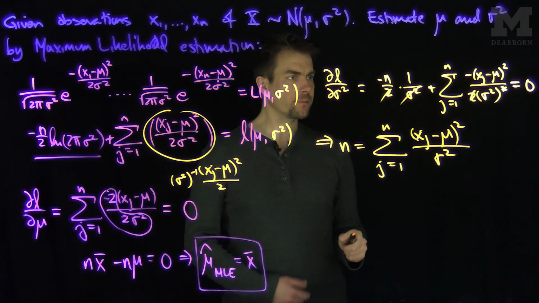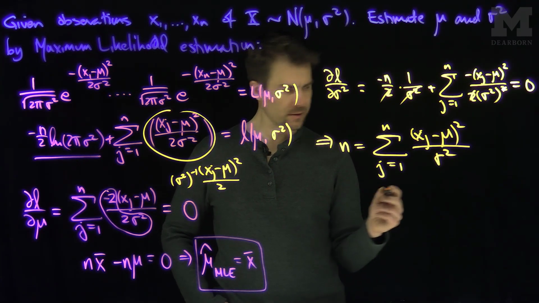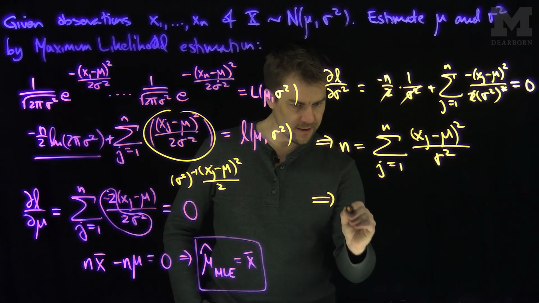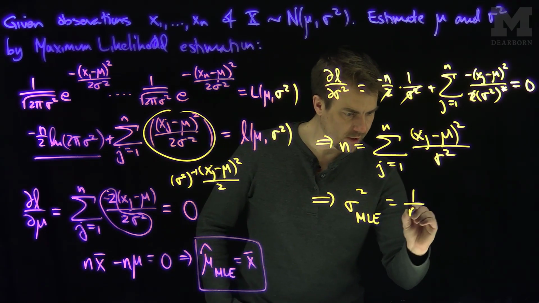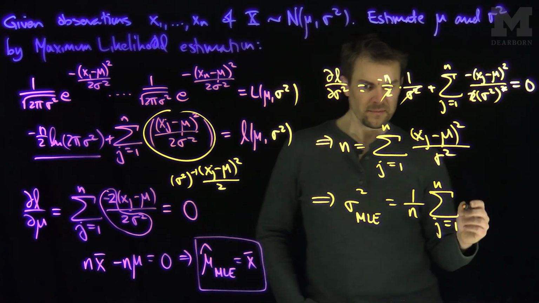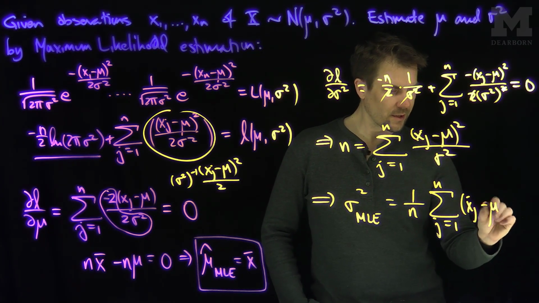And now, by solving for sigma squared, multiplying by sigma squared and dividing by n, the sigma squared MLE is 1 over n times the sum, j goes from 1 to n, of xj minus mu squared.